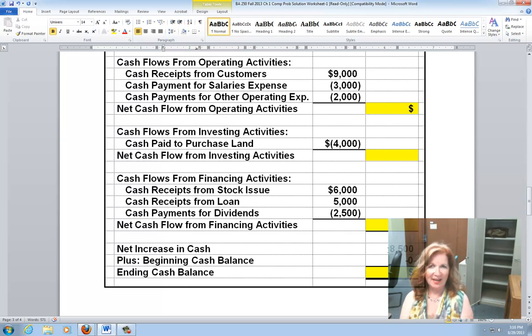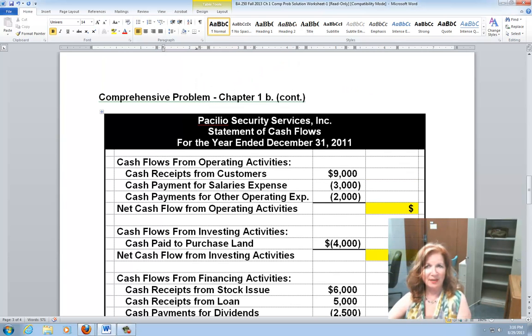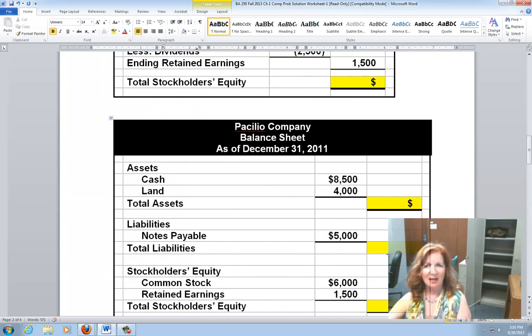Now, if I hadn't left that number in there for you, you would have to add those together and trust that yours equals. But this way you get the experience of adding yours together and then making sure that they equal the $8,500. Now then you insert the ending cash balance and put that in there, and the number you get there you check against the cash in the balance sheet and make sure that that's the cash in the balance sheet.